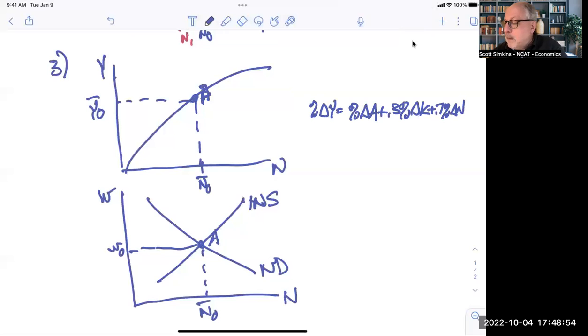Both of these are related. N, K, and A are what underlie the production function. But we can do it in equation form, we can do it in graphical form.